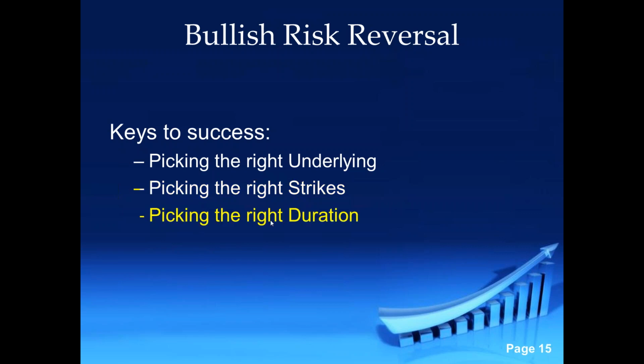All right. Picking the right duration. Now, the beautiful thing with this is, you could do this risk reversal, in the weeklies, with 10, 15 days to go. But the beauty in this strategy is we're going to offset a lot of the greeks. If you remember me mentioning that earlier, we're going to be able to offset pretty much all of the delta, or not, sorry, we're not going to be able to offset delta.